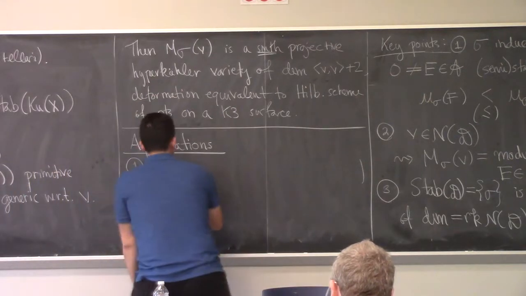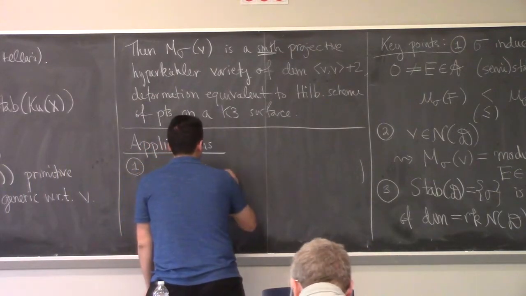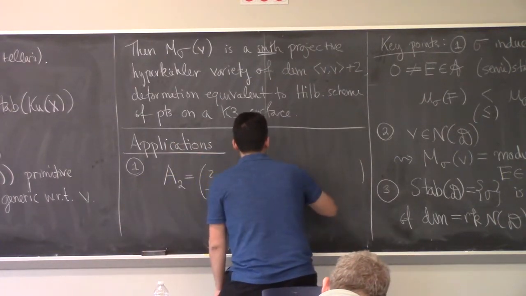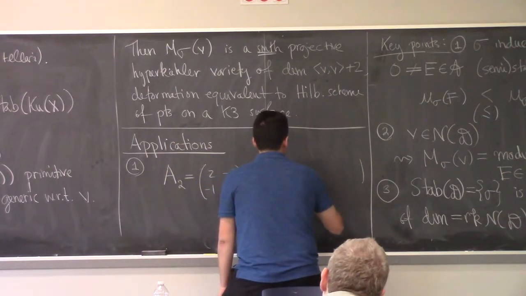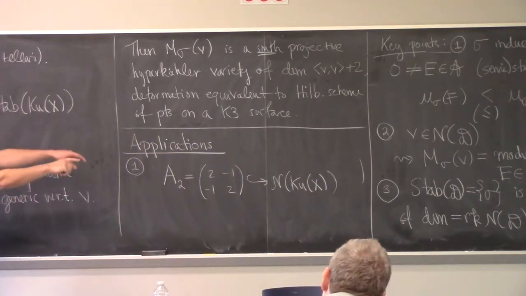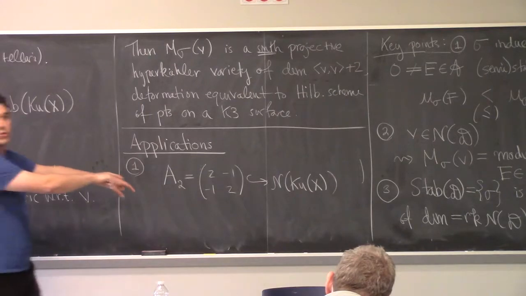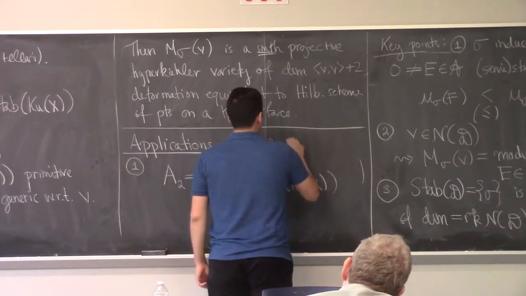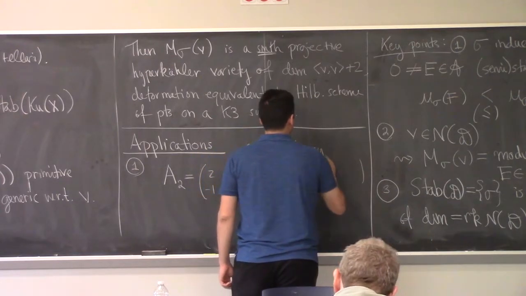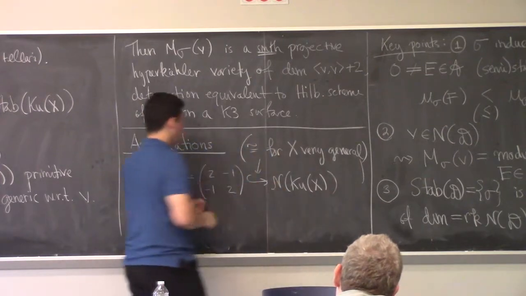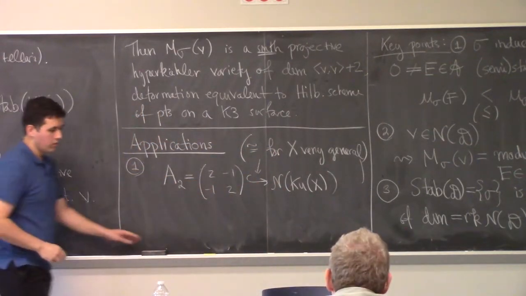More precisely, the A2 lattice embeds into the numerical Grothendieck group of Q of X for any cubic fourfold. And in fact, for a very general cubic fourfold, that embedding is an isomorphism. So, isomorphism for X very general. And I can tell you explicitly how you get this embedding of A2 inside of here. It arises as follows.